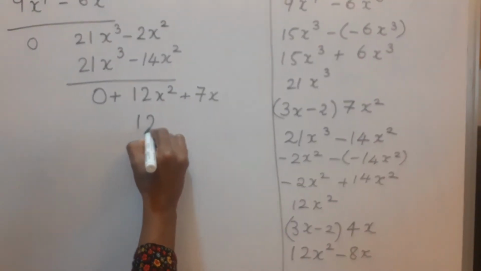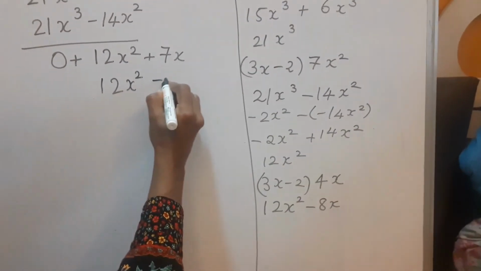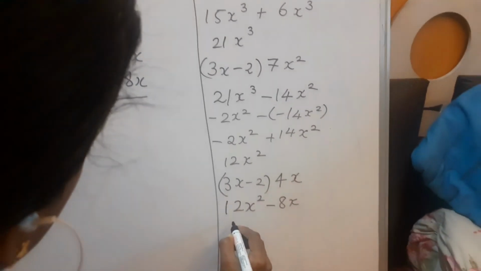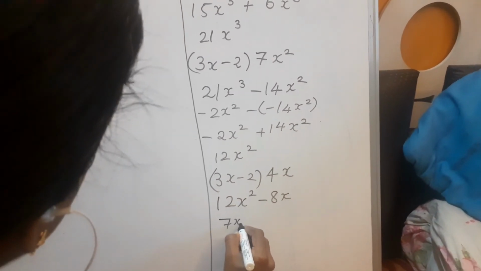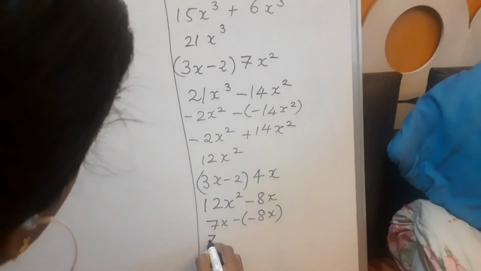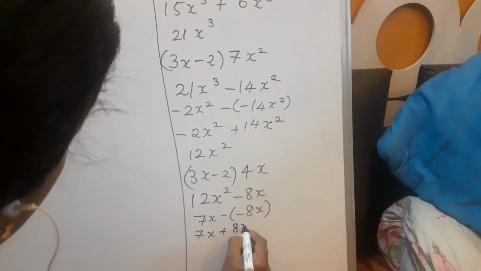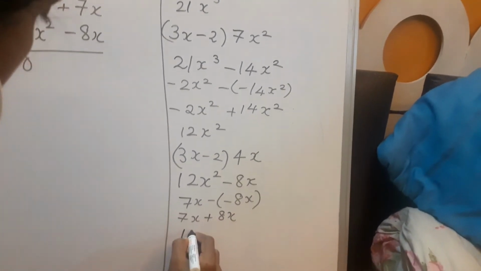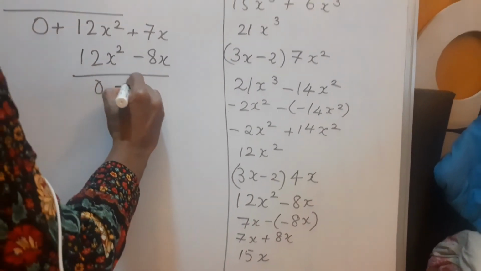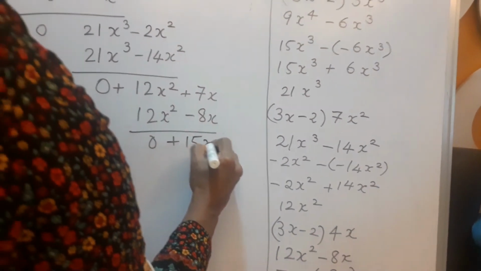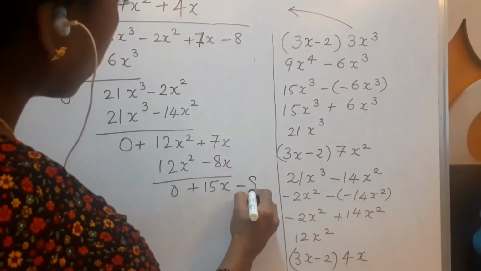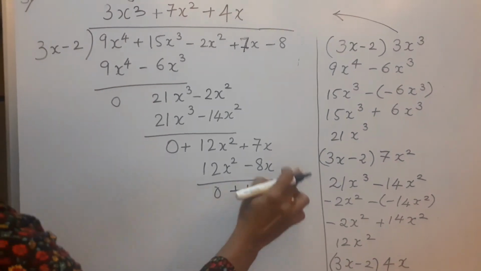Again write this here, 12x square minus 8x, 0, and this is 7x minus 8x, that will give you 7x plus 8x, that is 15x. Alright, so this becomes plus 15x. Alright, bring down the last constant, 15x minus 8.